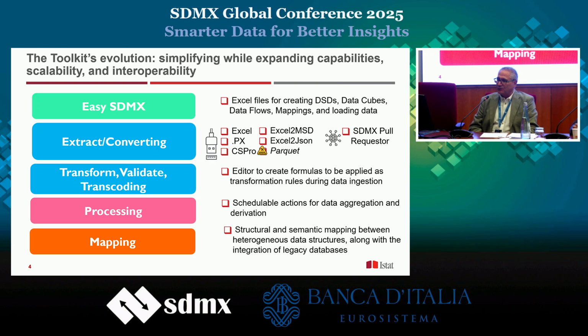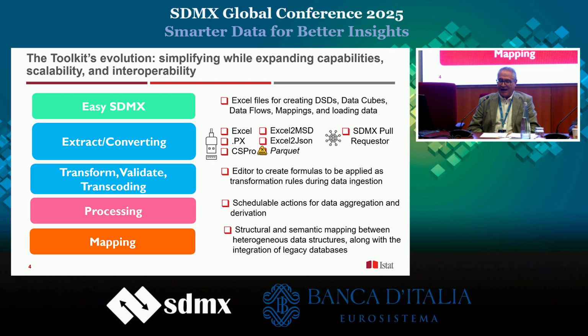The SDMX pull request enables scheduled jobs to automate data acquisition from files and APIs, minimizing manual effort. Transformation rules can be defined using a formula builder or directly using SQL language, with support for fixed and calculated fields and transcodings.